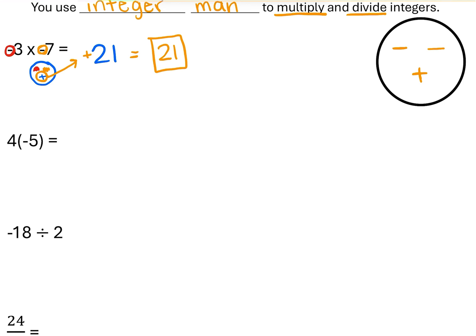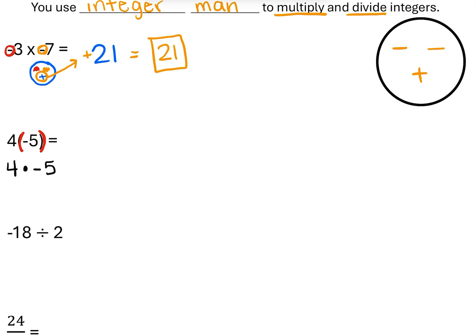All right, the next one. This is not 4 minus 5. This is parentheses, and between the 4 and the 5, right here, there is no symbol. If there is nothing right here, that is multiplication. So we are going to rewrite this as 4 times -5.